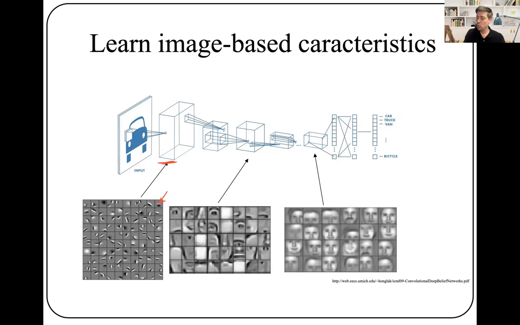And then as we move on to the end of the network, we're going to learn information which has much more semantic content. So let's say we learn a network to recognize people. What we're going to find is that the very last layers are going to model basically the different types of faces that we can find.